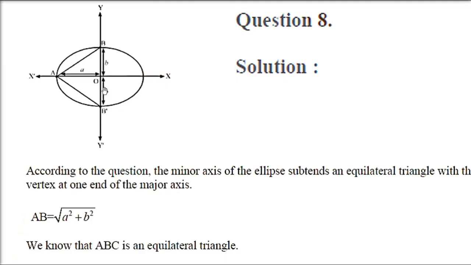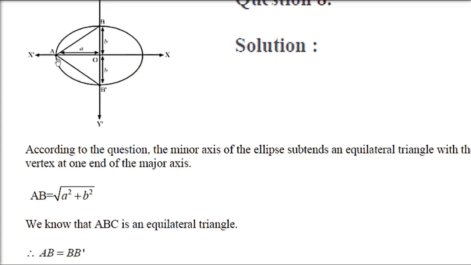Is it a 90 degree? No, it's not a 90 degree. It's just making an equilateral triangle. So we have to find out the eccentricity here. So this is A, this is B, this is B dash. This is the triangle we are talking about. So we are taking B and B dash, which are the co-vertices.